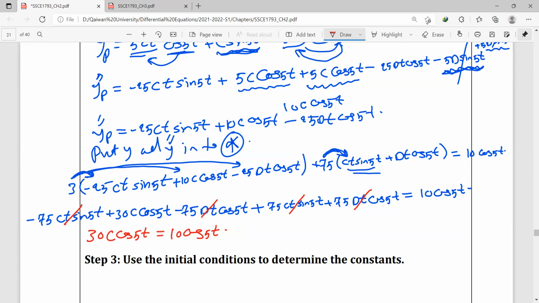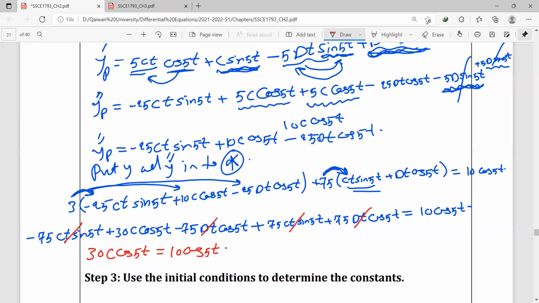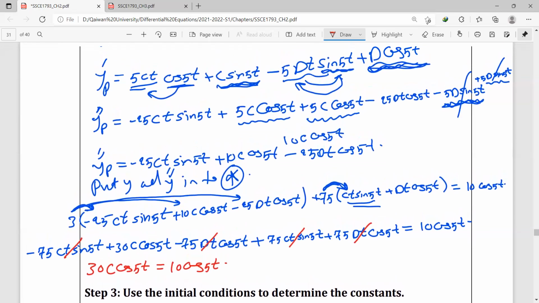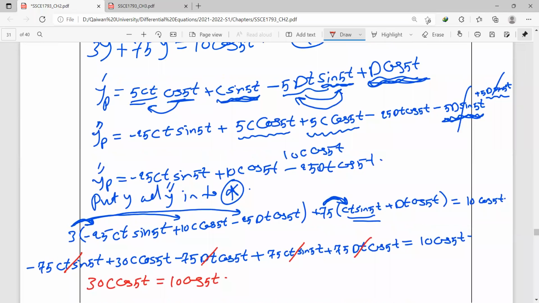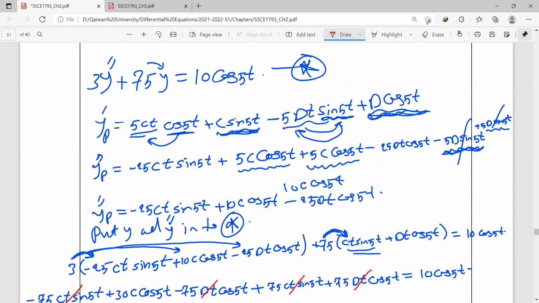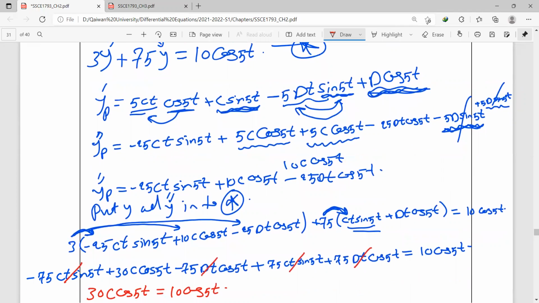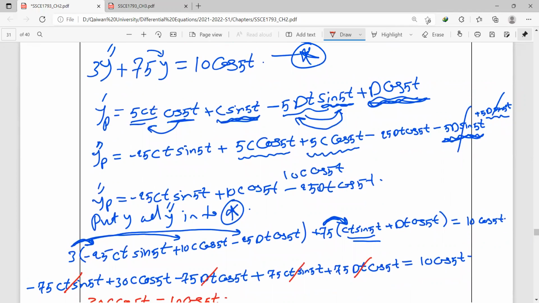So here c is 1/3 actually, but why don't we have D here? We should have D also. Okay. We may have a mistake during the differentiations. Let me check. In derivatives of D here, it's minus 25.